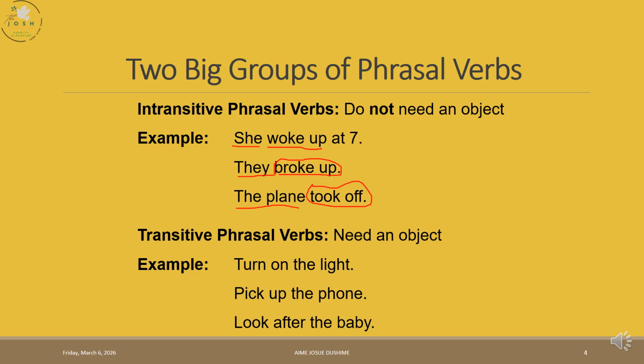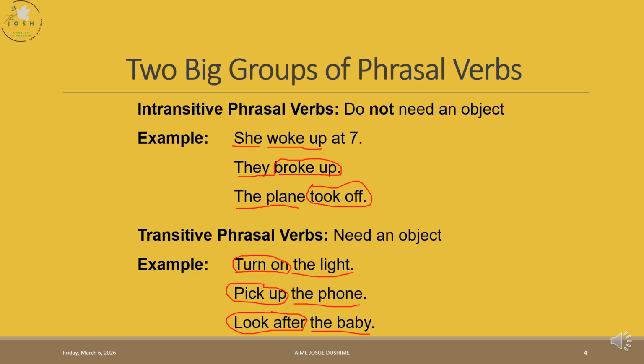But here I have a phrasal verb, turn on, then I need to put an object no matter what. I say, for example, pick up as a phrasal verb, then I add the object. I have a phrasal verb, look after, and I have the object. When I say turn on, you will ask me, turn on what?